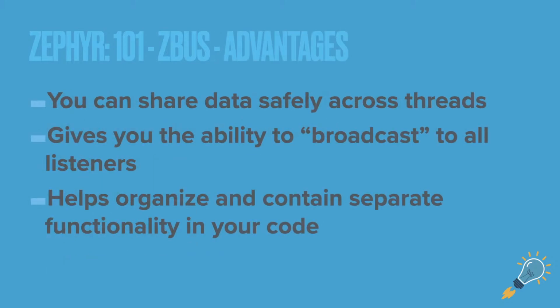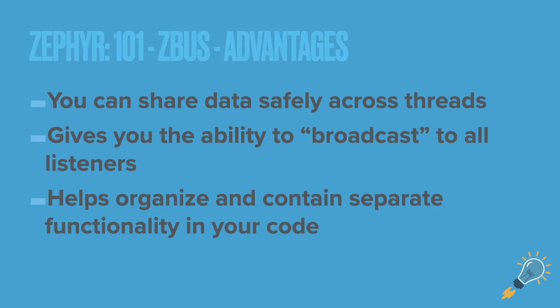The cool thing is, like I was alluding to in the previous slide, there's a bunch of different configurations. If you do the one-to-many or many-to-many, you can broadcast to all code that might be interested in that data. And the biggest thing about it is that you can contain your code and separate it out.